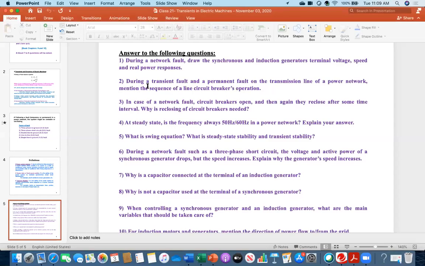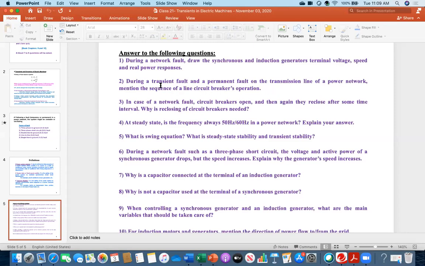See question number 2. During a transient fault and a permanent fault on the transmission line of a power network, mention the sequence of a line circuit breaker operation. Sequence means when it will open, when it will reclose, and when it will reopen again. So exactly what I told you.